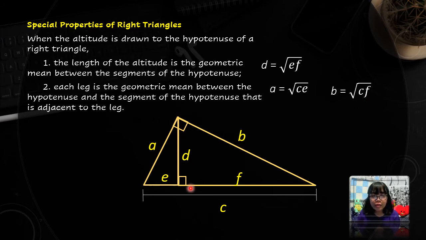So the segment adjacent to our leg is F. So therefore, in order for us to get the value of B, we need to get the square root of the product of the hypotenuse, which is C, and the segment, which is F. So that is the special properties of right triangles. We will be applying this one on our next examples.